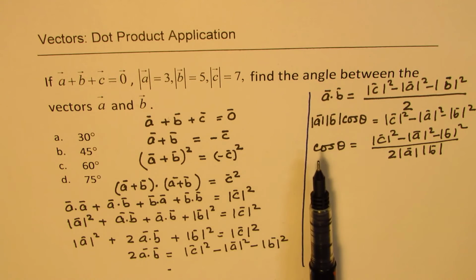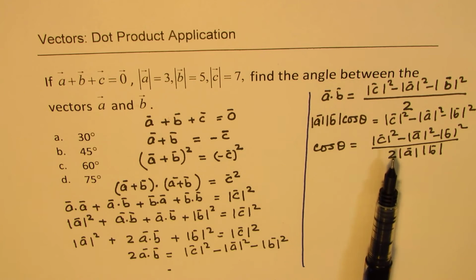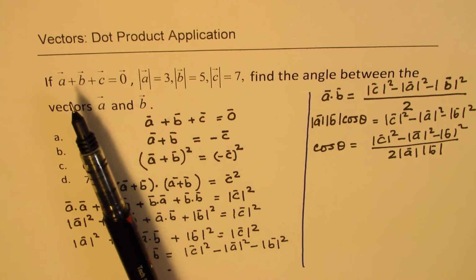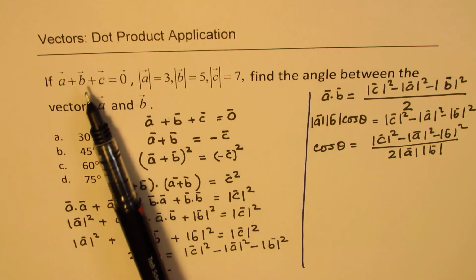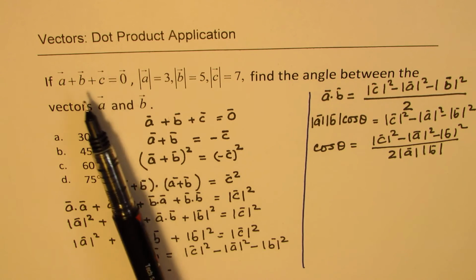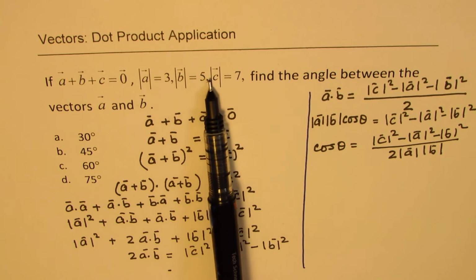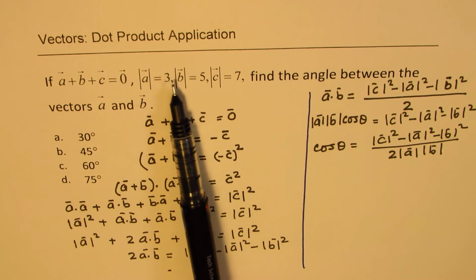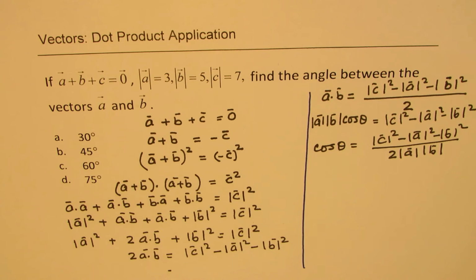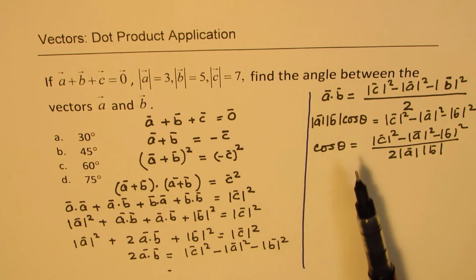So at this stage, what you really realize is that when we are given the sum of 3 vectors as equal to 0, it's kind of making a triangle. And in that triangle, we are given 3 sides. So SSS. So that could have been solved using cosine law, right?